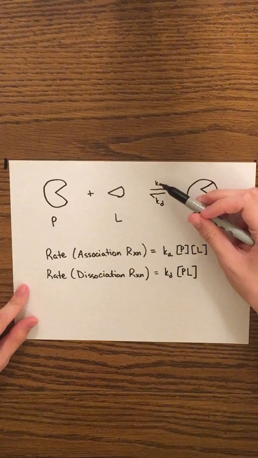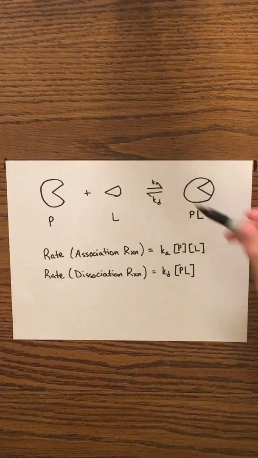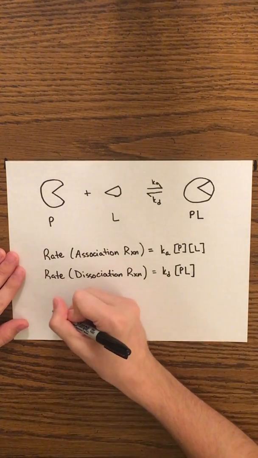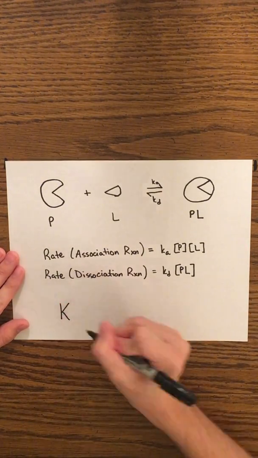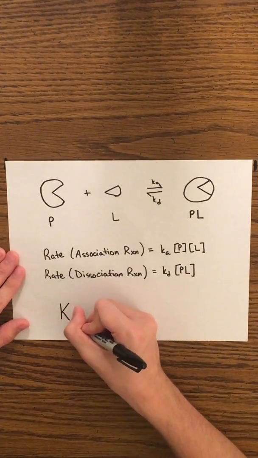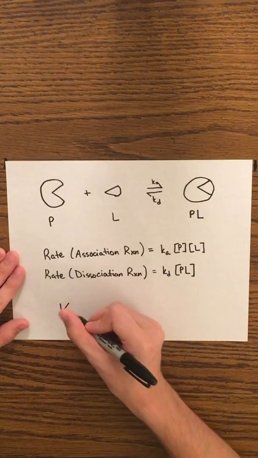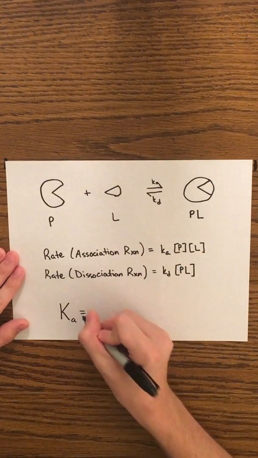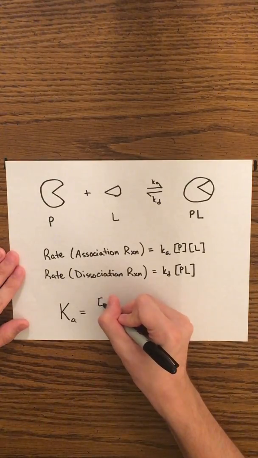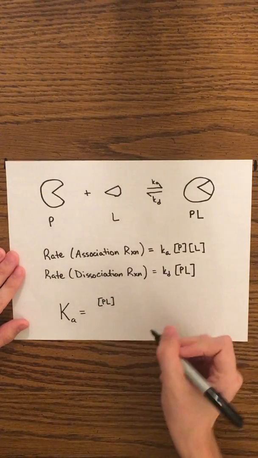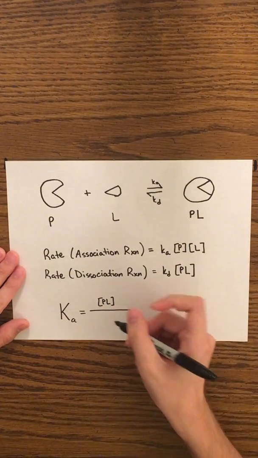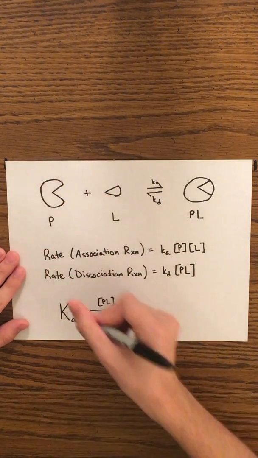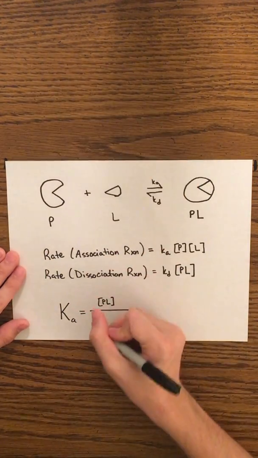But notice that we have equilibrium arrows here, so this is an equilibrium system, and we can model this system using, so this will be a capital A, the equilibrium association constant, so if we're reading this reaction going this way, is going to equal our concentration of PL, so concentration of products over the concentration of reactants, right?